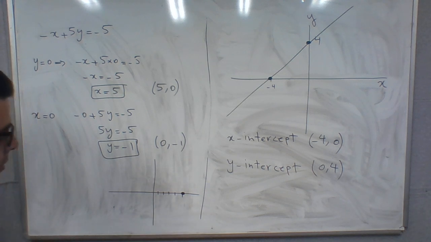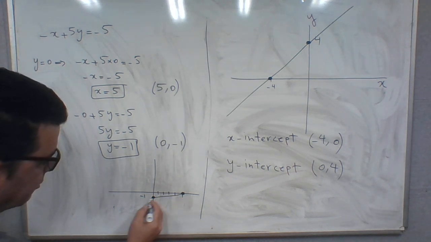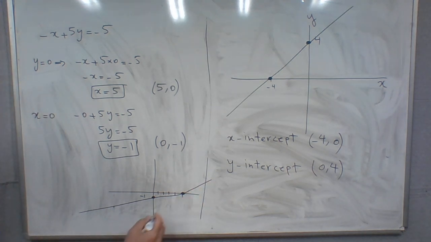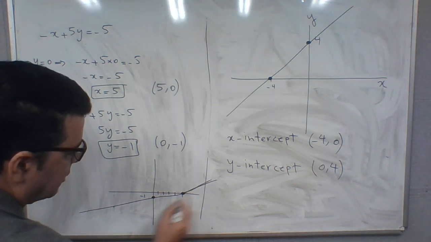So this is the x-intercept, and the y-intercept is 0 and negative 1, so right here. So we have 2 points on the line, so we can easily draw the line. Okay, this is the line.